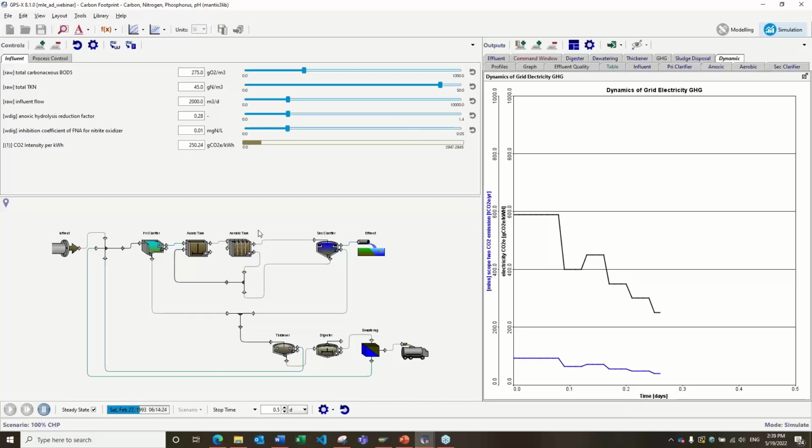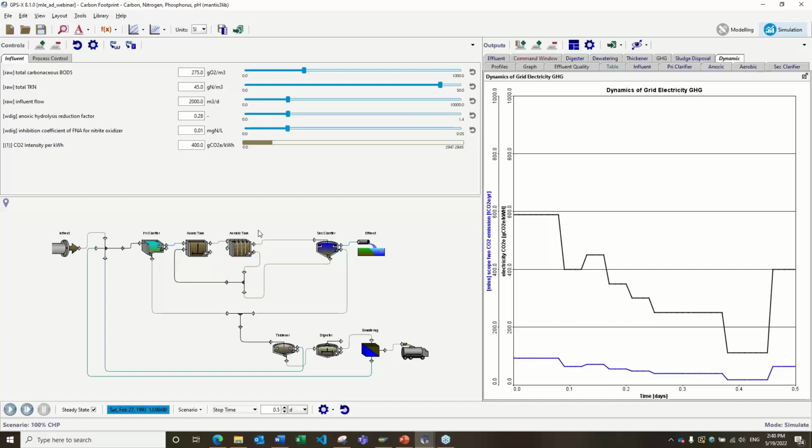So this, I believe, is a really useful tool in situations where we have variable carbon intensity associated with the electricity that is being drawn from the grid.